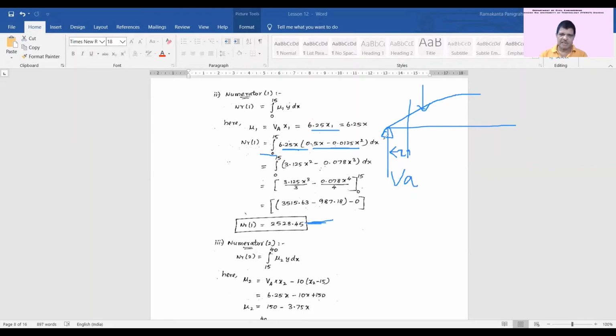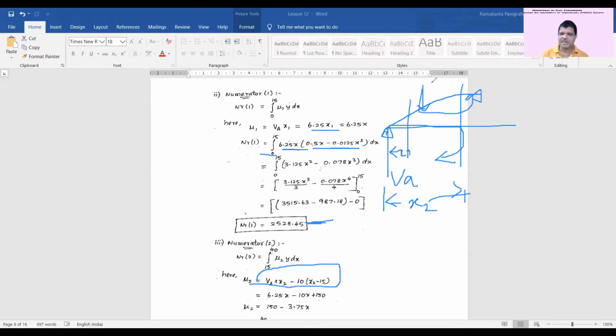Similarly, for the other section, if you take the moment at a distance x, or you can take x2, you take VA into x2 minus 10 into x2 minus 15. So this force into this distance minus this force into this distance.